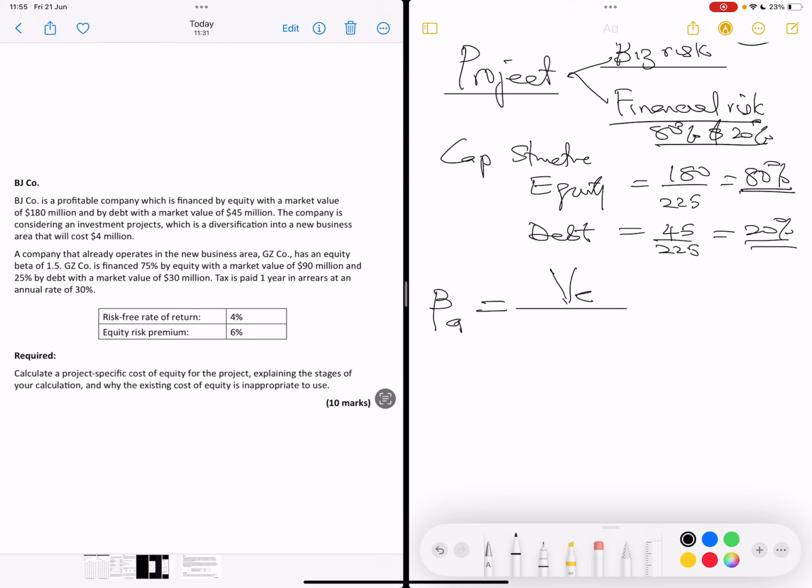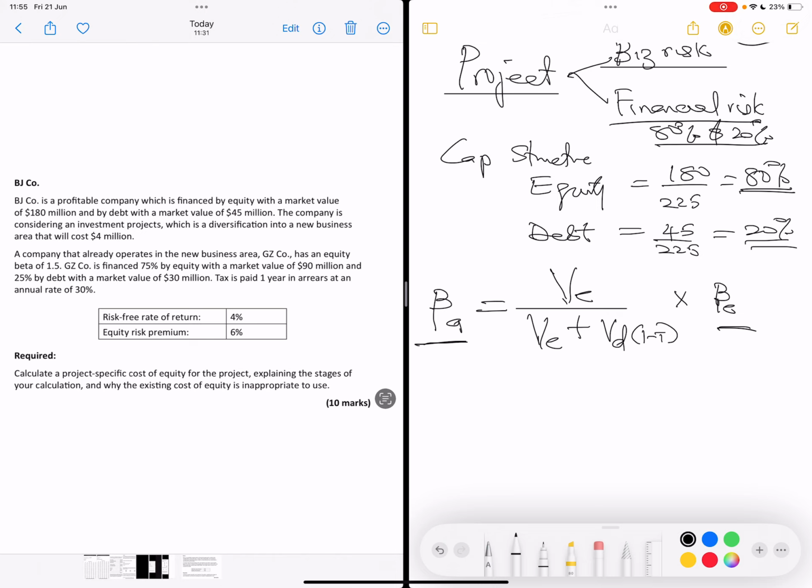Both of those you'll be given in the exam as well. This is the only formula you need to know. You can rearrange it to calculate beta equity or use it to calculate the beta asset.